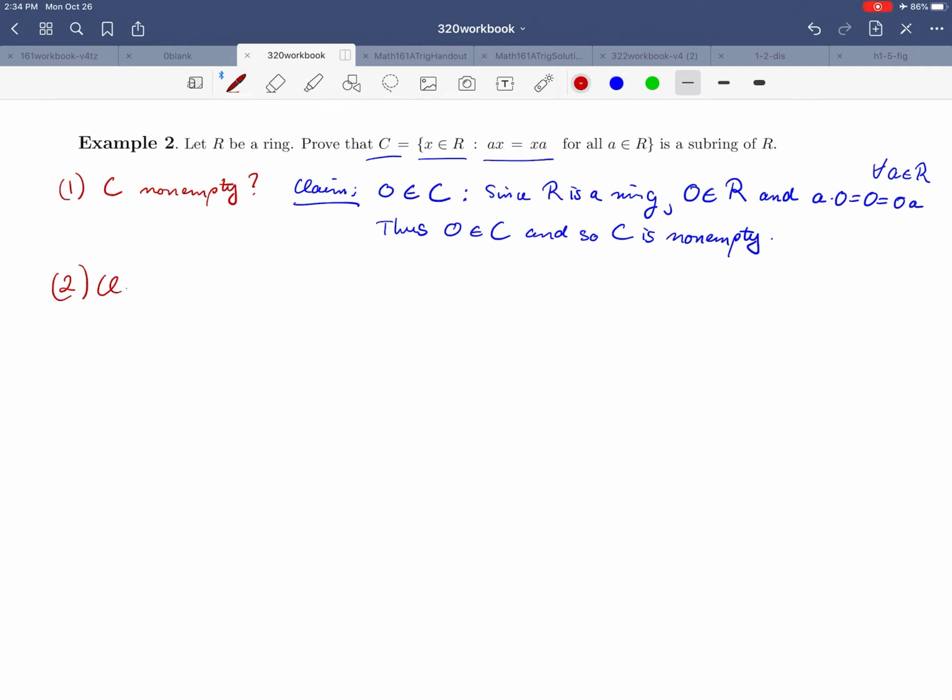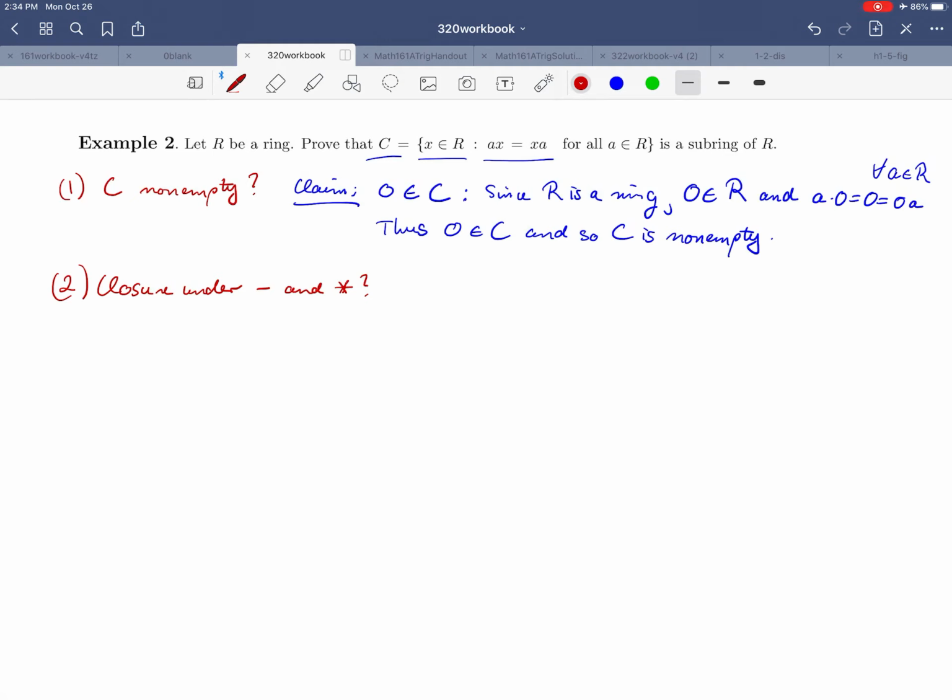Second one has 2 pieces. Closure under, well, let's call it subtraction. It's not really, and multiplication.